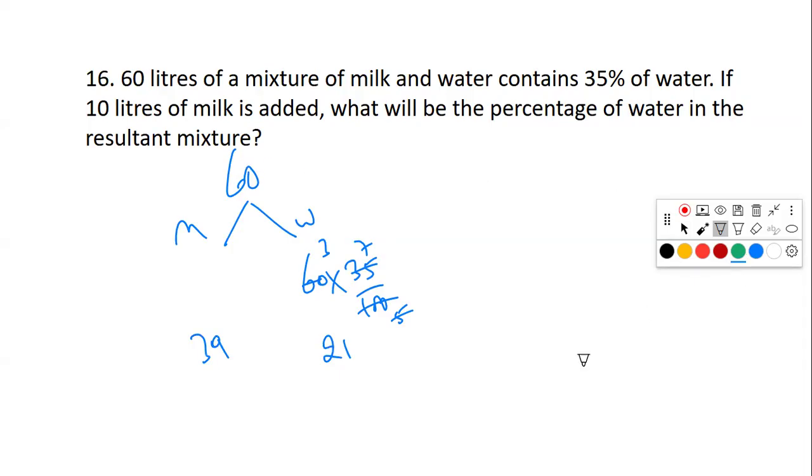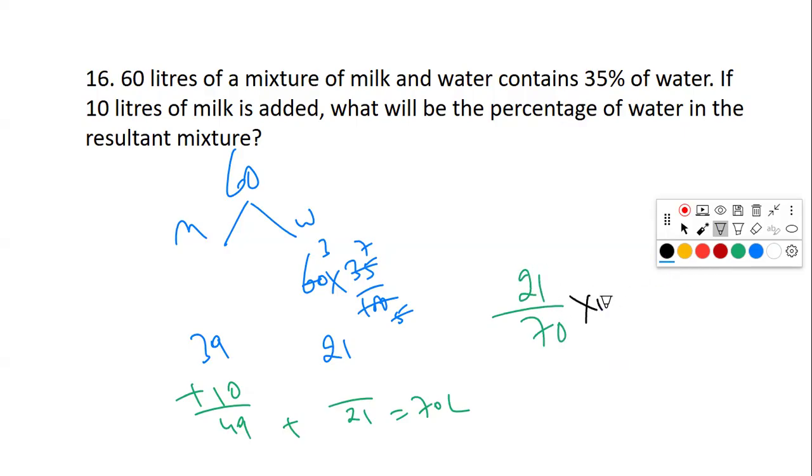10 liters of milk is added. I am adding pure milk, 10 liters. Now it is 49, and water remains unchanged; nothing is added as water. What will be the percentage of water in the resultant mixture? So this is 70 liters now. Out of 70 liters, water is 21 liters.